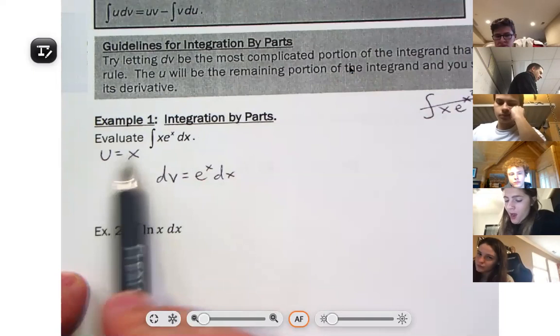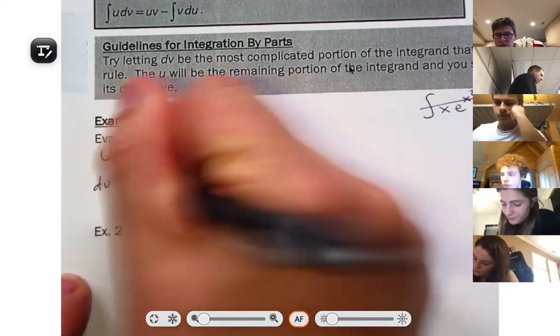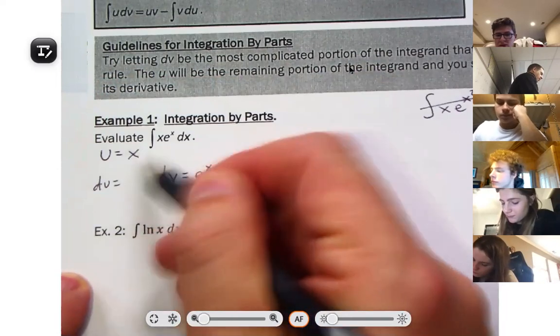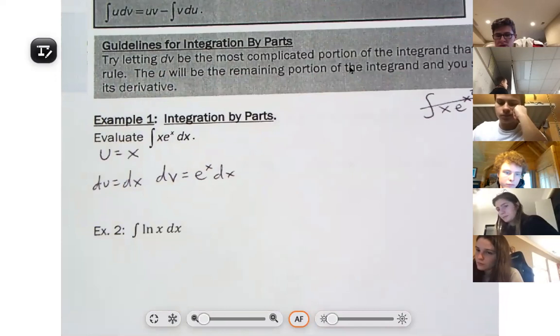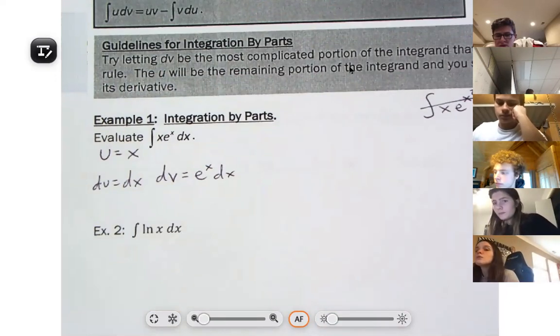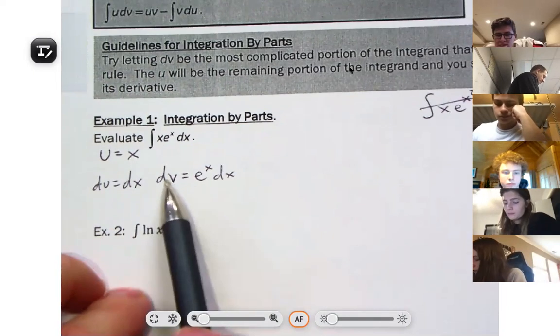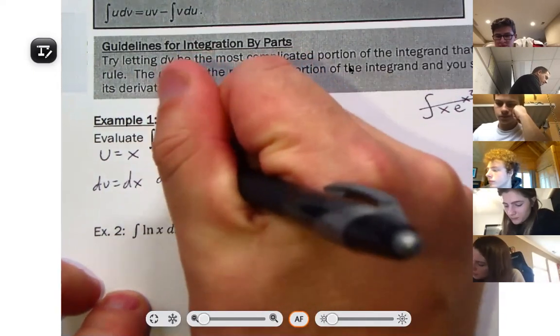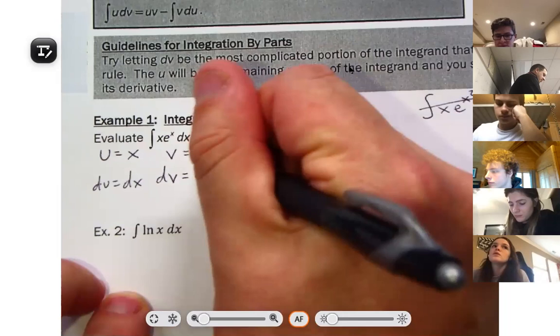When I differentiate the left side, du equals 1 dx. It's kind of like the u substitution. On the right side, we integrate. When I integrate dv, that gets me back to v. And when I integrate e to the x, I get e to the x.